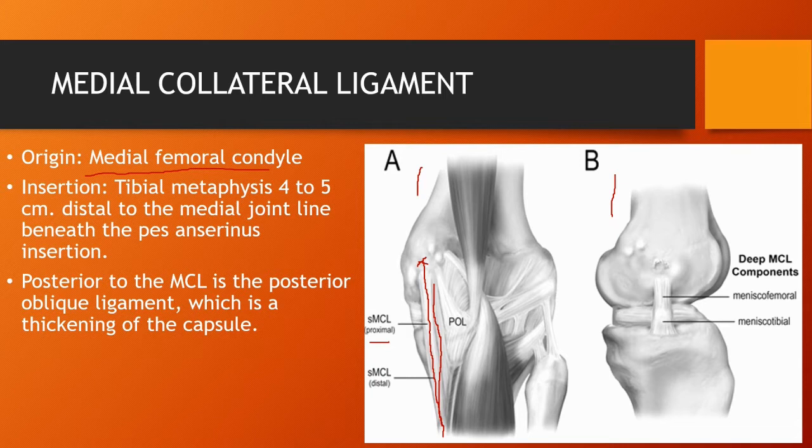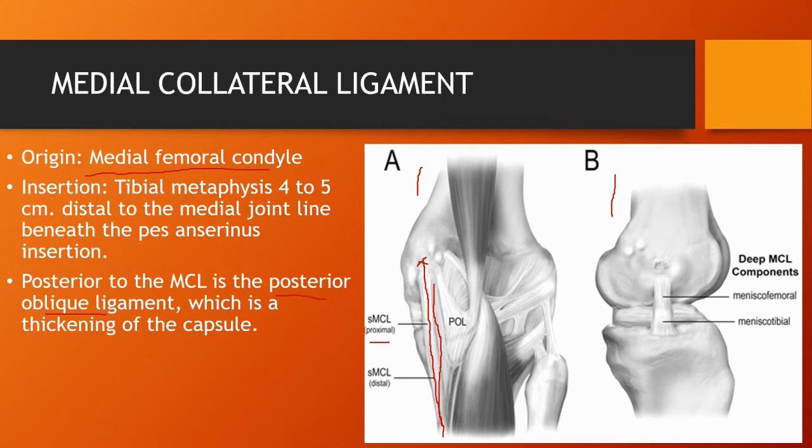Now, just posterior to the medial collateral ligament is another medial stabilizer of the knee. This is known as the posterior oblique ligament. That's labeled here as the POL. And the POL, like many other ligaments around the knee and around the shoulder and around the elbow, is simply a capsular thickening, a localized region of the capsule that has an increased linear density of collagen fibers.